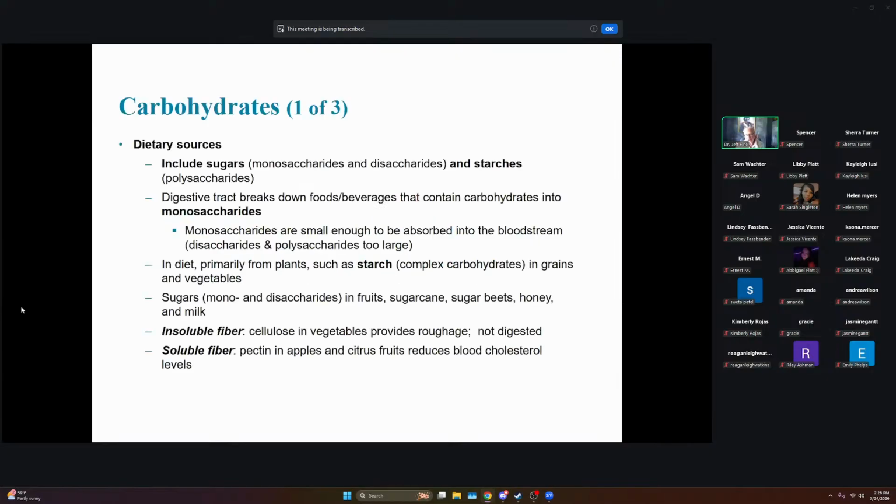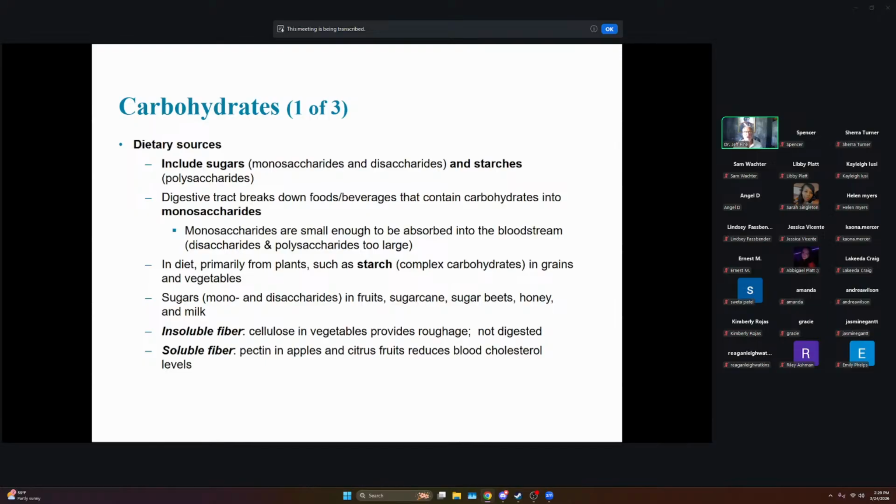All right, so carbohydrates, we all know what carbohydrates are, okay? They come from our diet. We usually think of carbohydrates as fuel sources, right? If you carb load, you're taking in a lot of carbohydrates to give you energy, maybe for a sporting event the next day, for example.